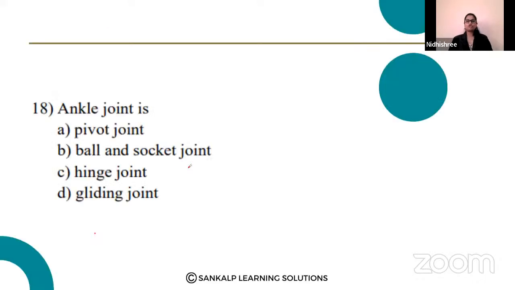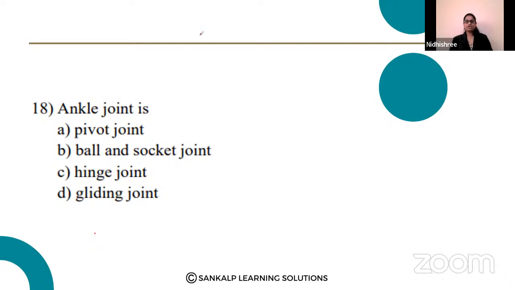Okay. 18th question goes like this, guys. Ankle joint is option A, pivot joint; option B, ball and socket joint; option C, hinge joint; option D, gliding joint. Tell me what is the answer?